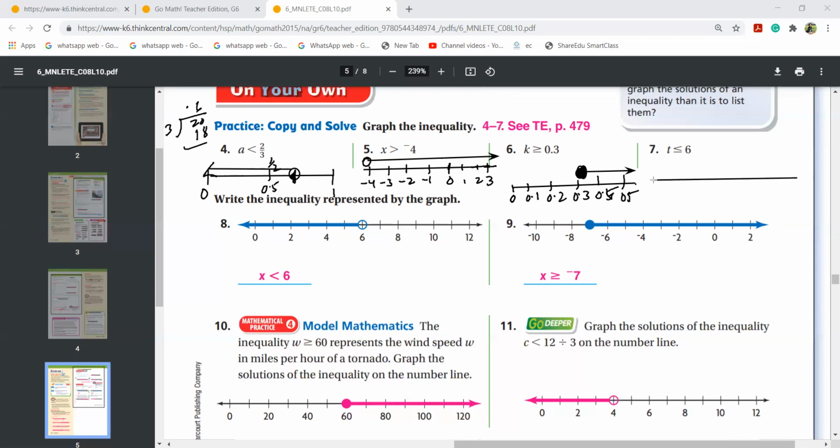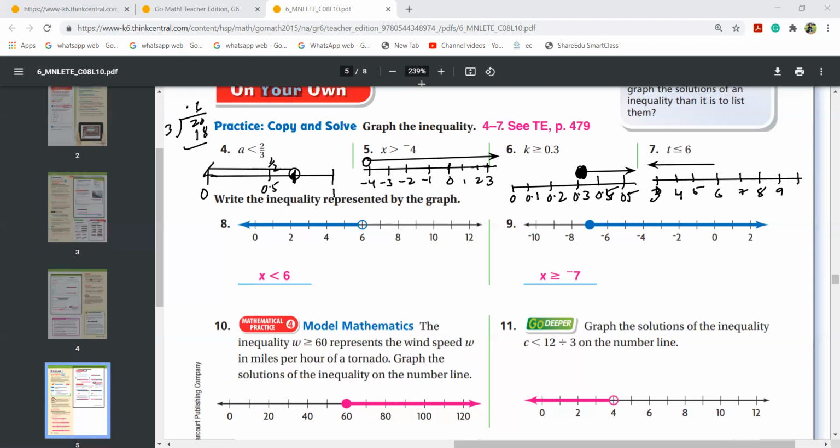Okay. All right, here I'll have 0, 1. Let me start with 3. 3, 4, 5, 6, 7, 8, 9. So it is to the left side because it is less than.